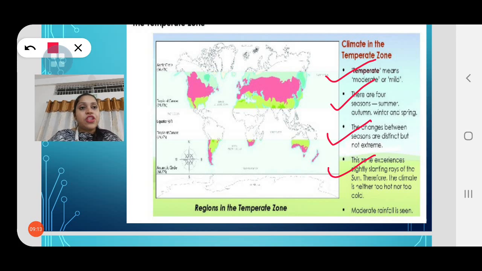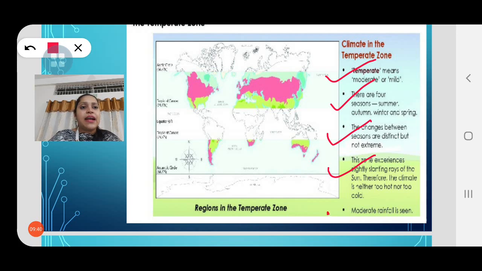Remember, before we studied about the standard time, we studied how sun rays fall on the various latitudes. We have studied that the tropics receive a moderate amount of sunlight, and the temperate zone is between the Tropic of Cancer and the Arctic circle, and Tropic of Capricorn and the Antarctic circle.